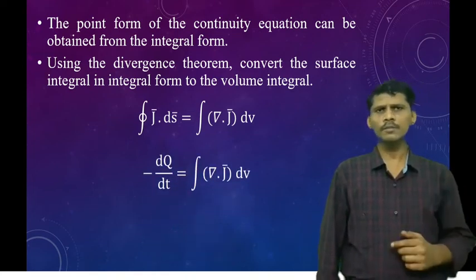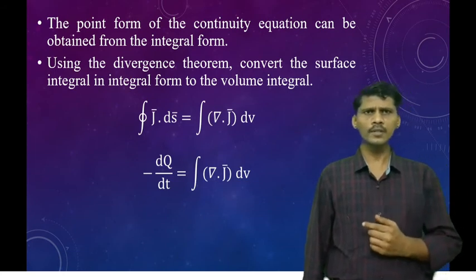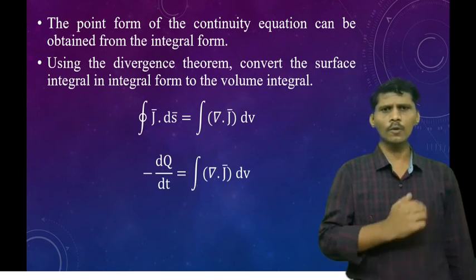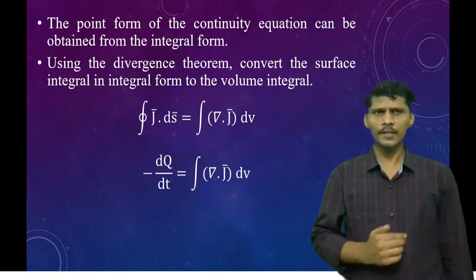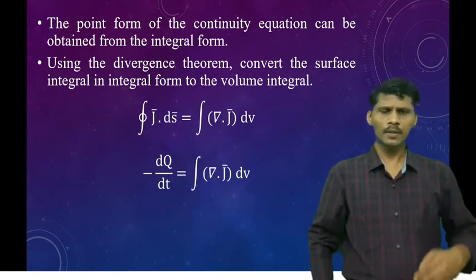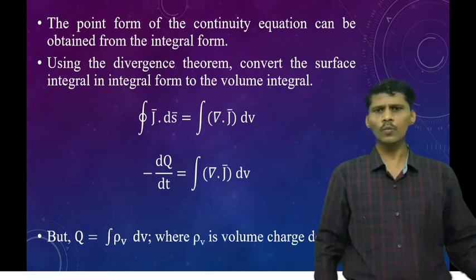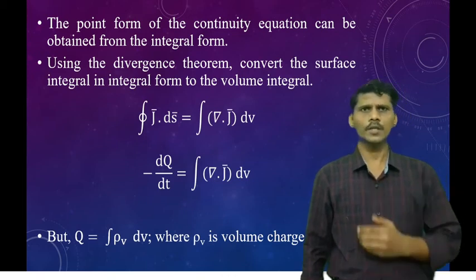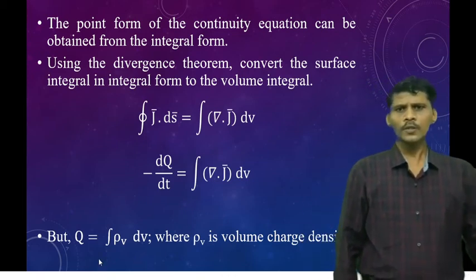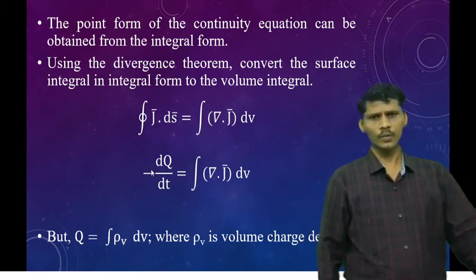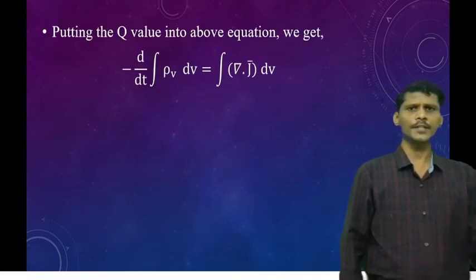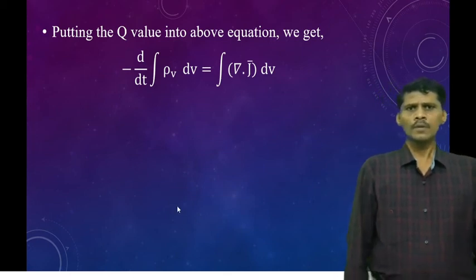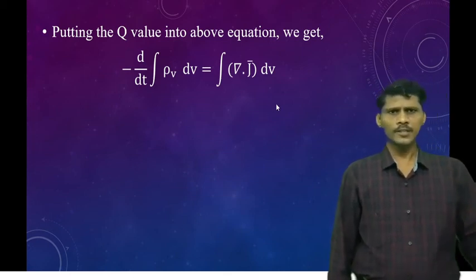From the above equation, the closed surface integral of J bar dot ds bar is minus dq by dt, which is equal to the open volume integral of del dot J bar into dv. But the charge q is equal to the volume integral of rho v into dv, where rho v is the volume charge density. Substituting q, we get minus d by dt of the volume integral of rho v dv is equal to the open volume integral of del dot J bar into dv.